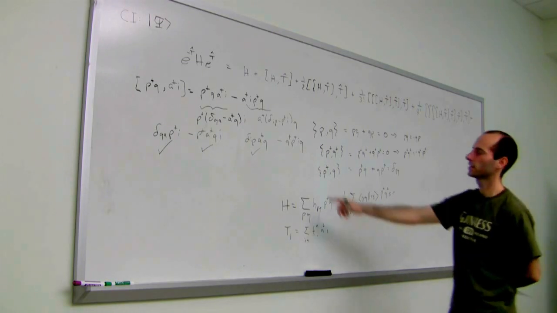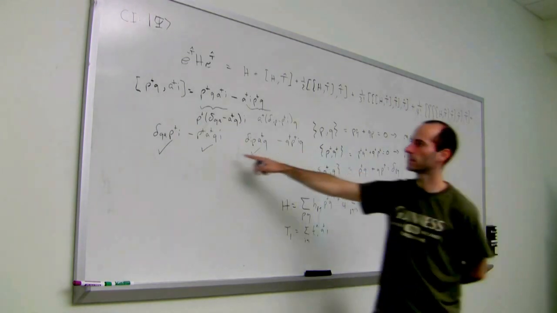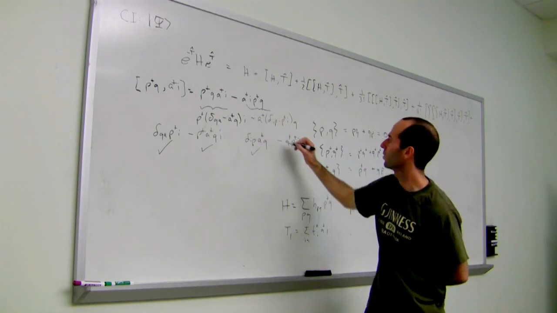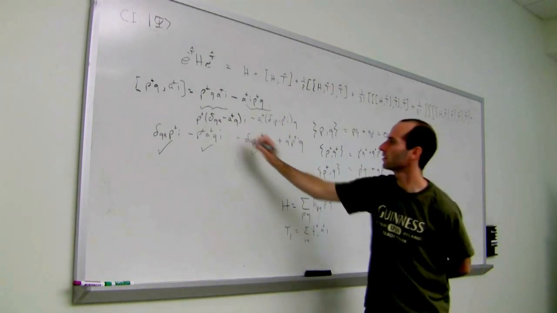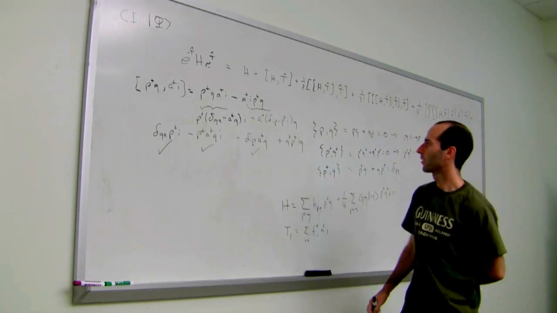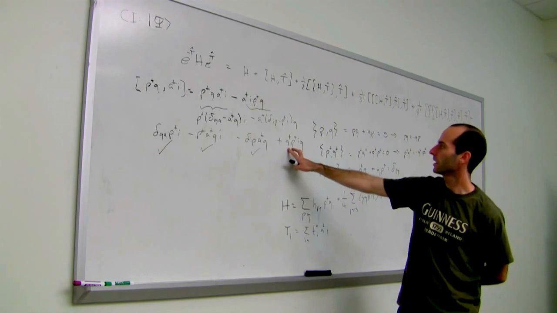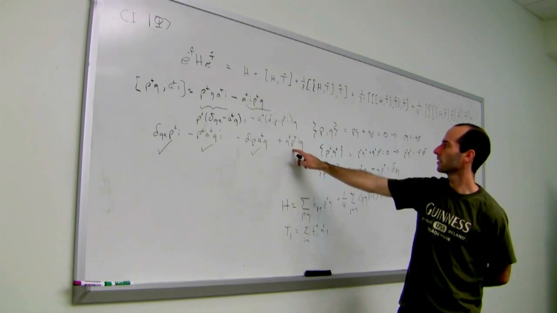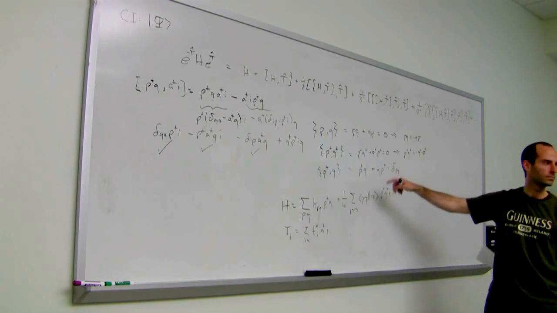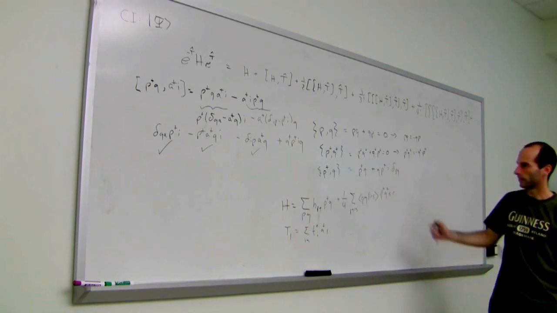Can anyone guess how this is related to this one? Actually, I have a plus here and a minus here. Okay, what is the commutator between Q and P when they both have a dagger on them? Negative. Yeah.